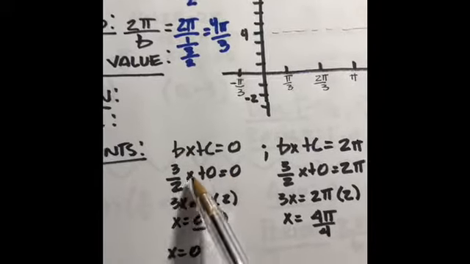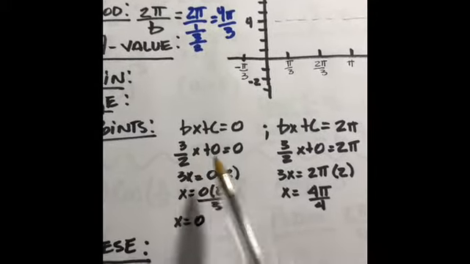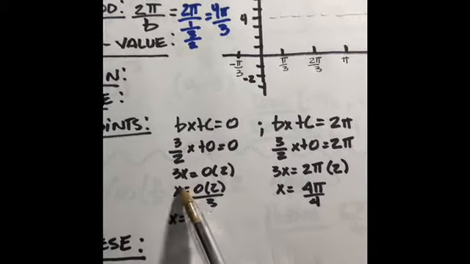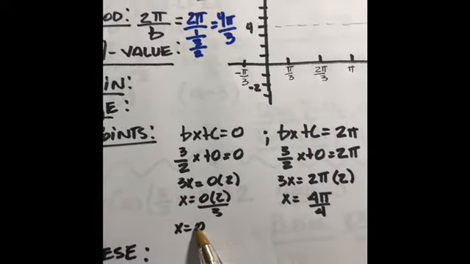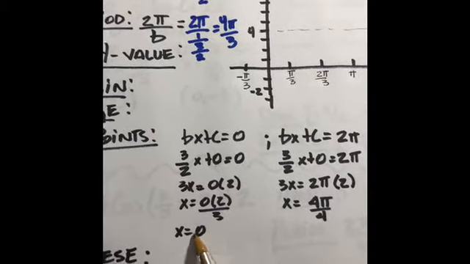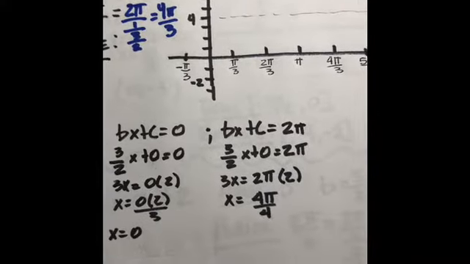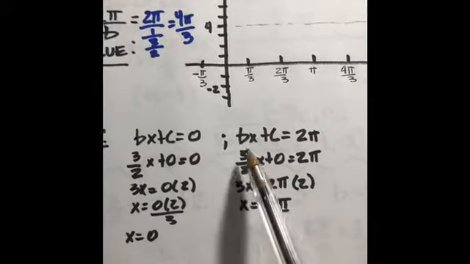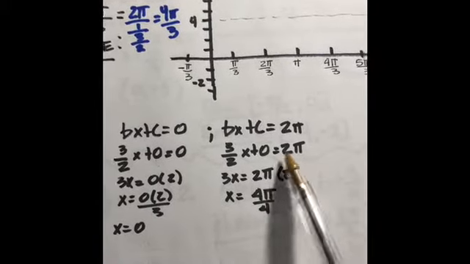Doesn't matter. So if I want to solve for x, for the endpoints, the 2 will pass multiplying, 0 times 2 is 0, and then the 3 is going to go dividing. So the first x coordinate is 0, and for the other part, I'm going to do the same: 3x over 2 plus 0 is equal to 2 pi.